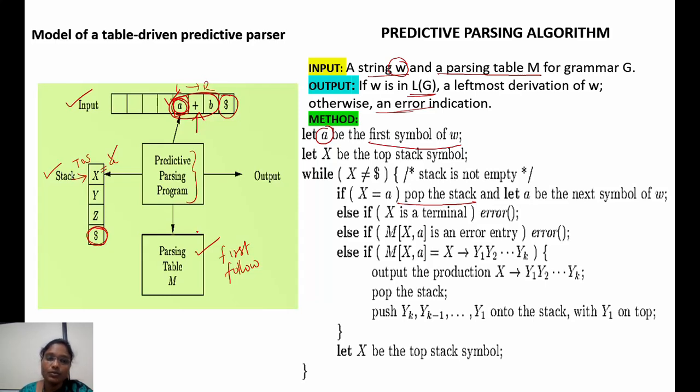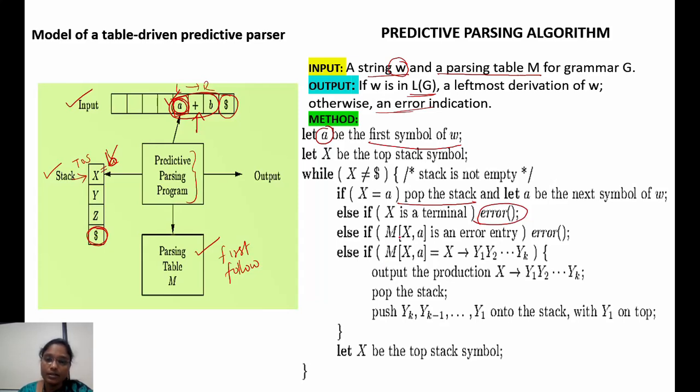Suppose these two don't match, and the stack has some other terminal, say b, while in the input we have a. It doesn't match, so we cannot proceed further, and it represents an error entry.